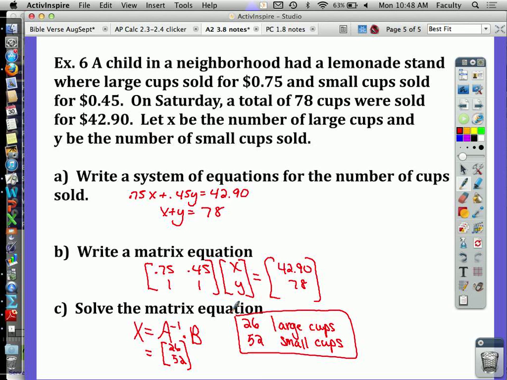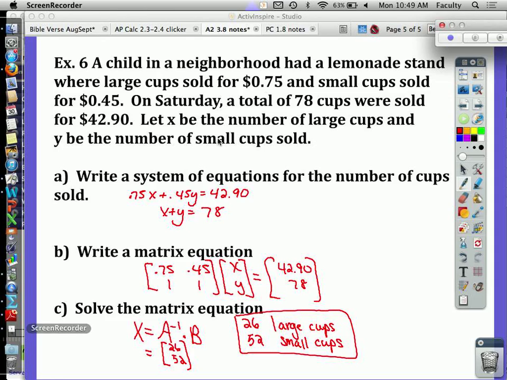And be careful with a word problem. You need to know what you found. When you're ready, I found 26 represented X, which is the number of large cups sold, and Y is 52, the number of small cups sold.